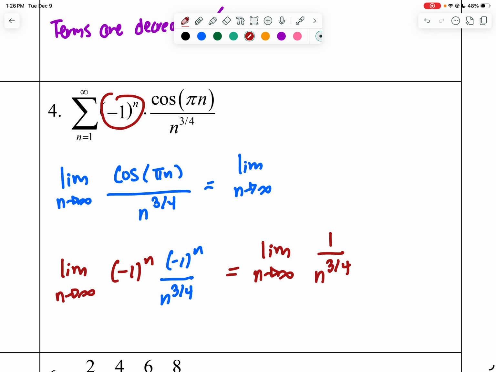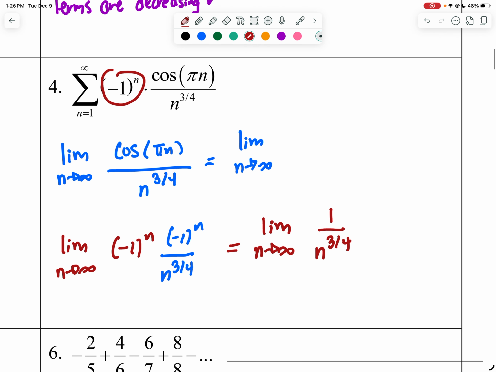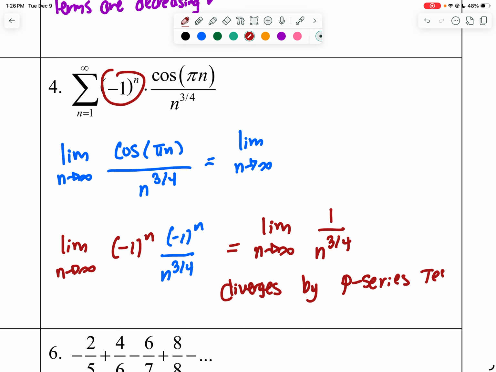And then based off of this information, you could see that this is a p-series. And unfortunately, because this is less than 1, I can't really do much here. So this here is going to be: diverges by p-series test, since 3/4 is less than 1.